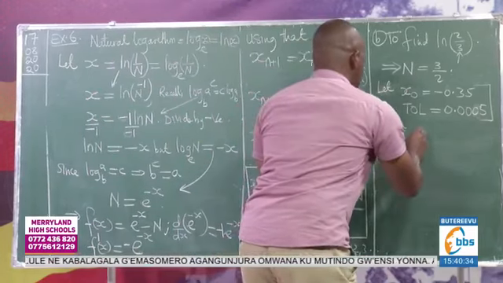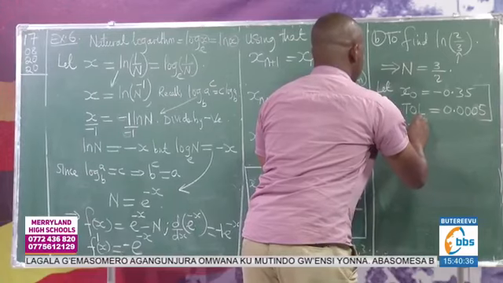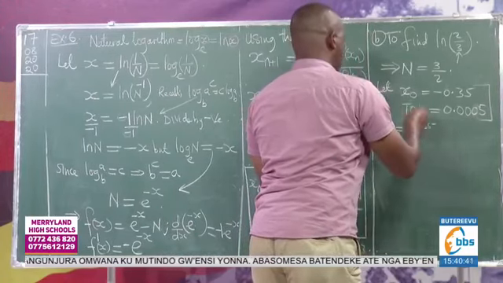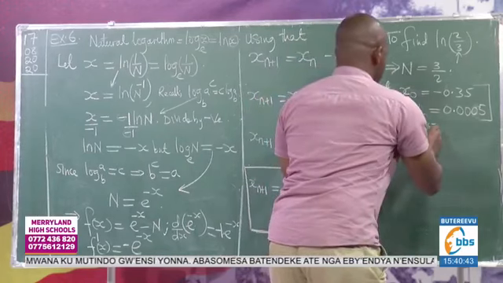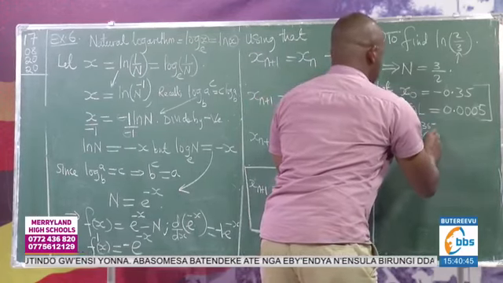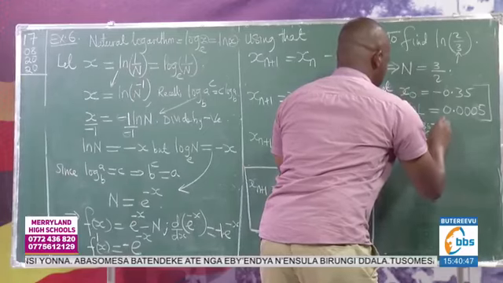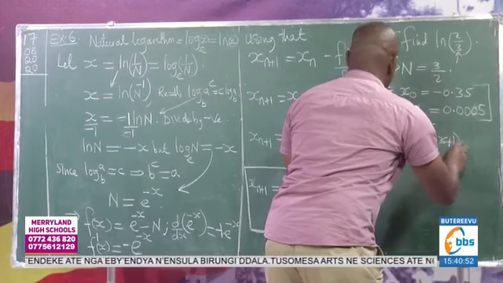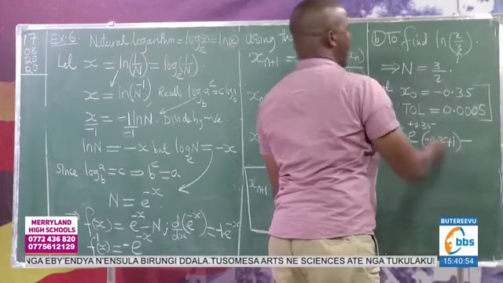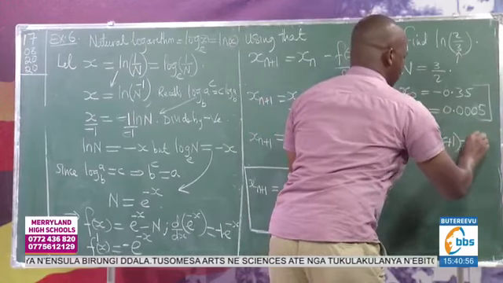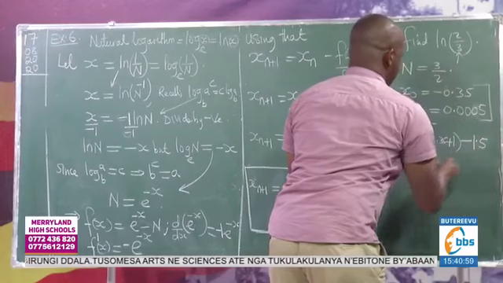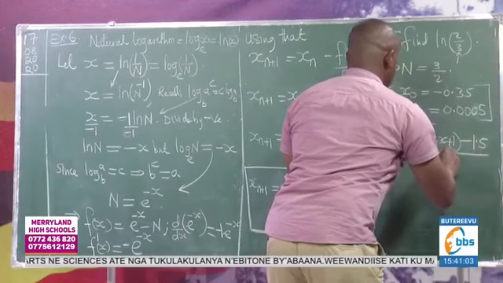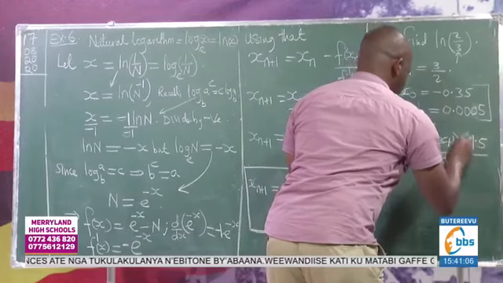So we have e to the negative 0.35, which will now become positive, into the x naught, which is negative 0.35 plus 1, minus the n. I told you the n is 3 out of 2, which I can write as 1.5, all over e to the negative, which will now become positive again.